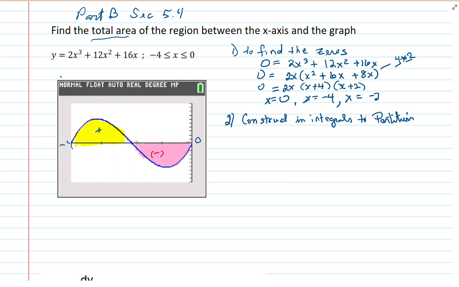In this case, I would have the integral from -4, and again, we're talking this point here, which is -2, for the function, because we know capital F of x is equal to y, or f of x, of the function.